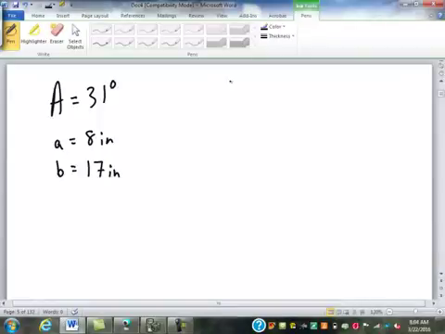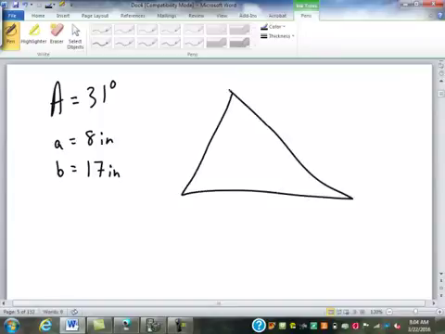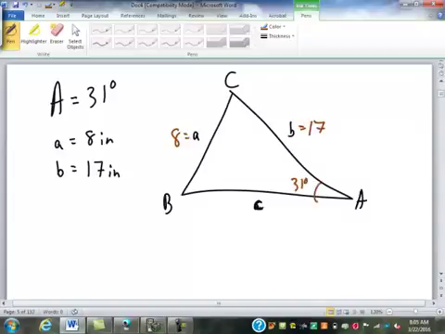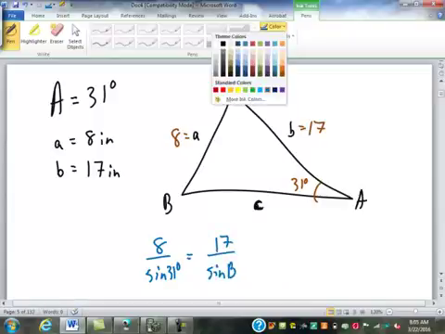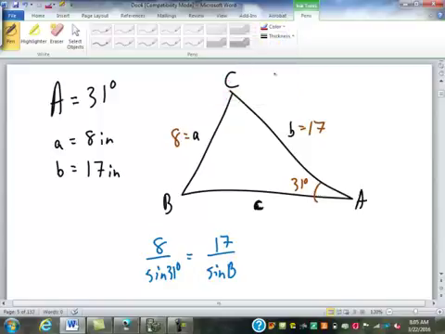Some of you may have been noticing something by now. So if we label this as 8, 17, and 31 degrees, we go to solve this. 8 over the sine of 31 degrees equals 17 over the sine of B. Now we have that same issue again, where the side that's opposite the angle is smaller than the second side that's given.